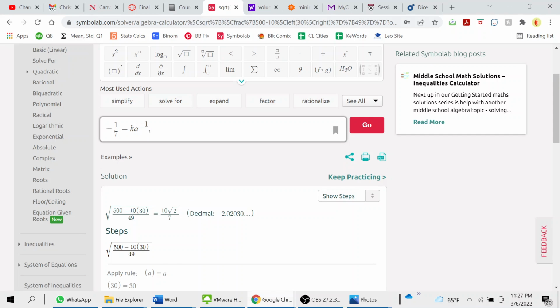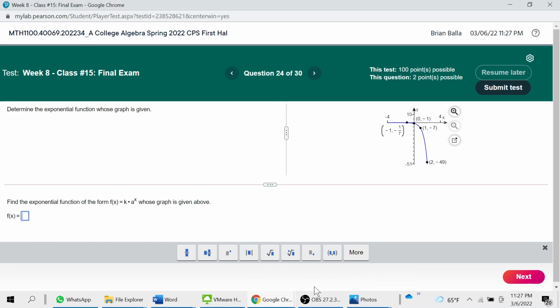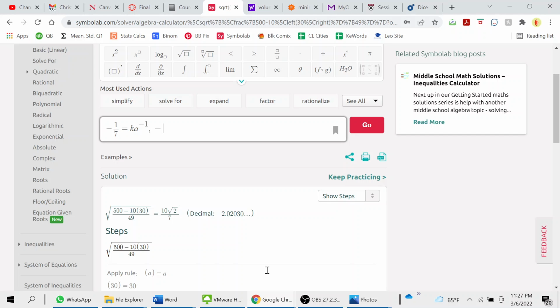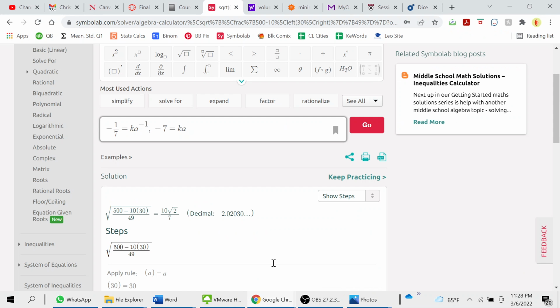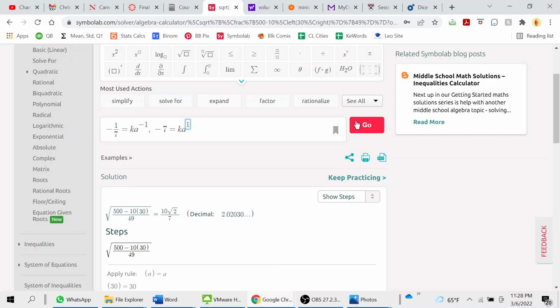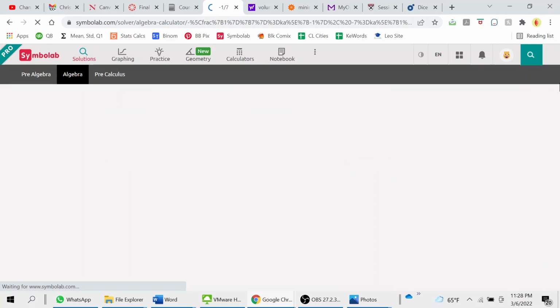Okay, and then this other thing, -7 equals ka to the +1. Okay, let's see if that figures it out.